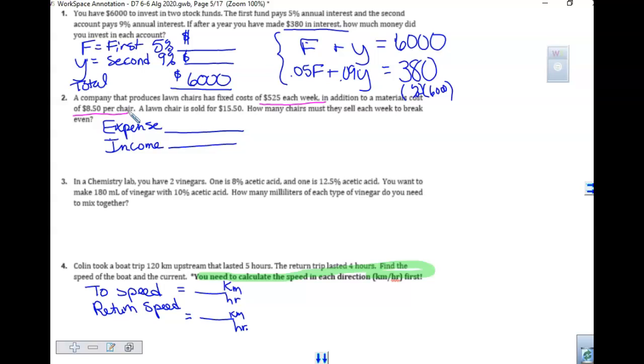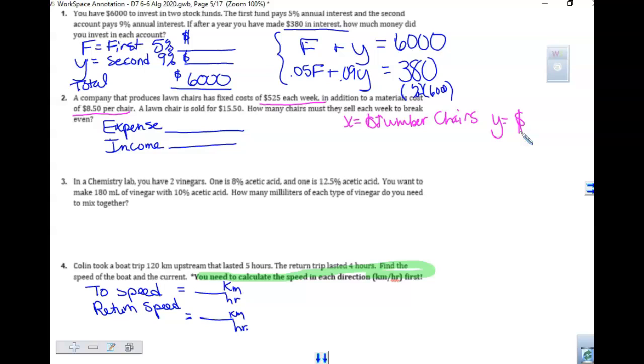If we are thinking about this, we might use X as our number of chairs. I think a lot of times it's helpful if you can identify your variables. And then Y is going to be our money, okay?